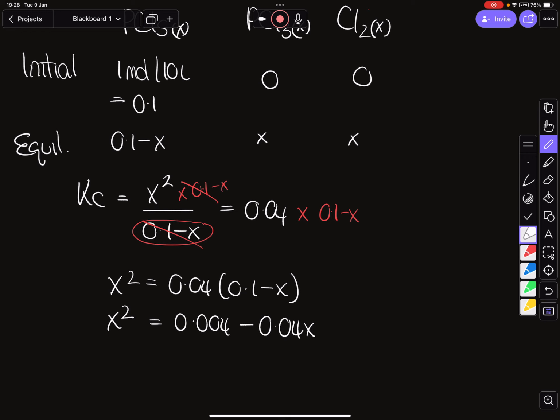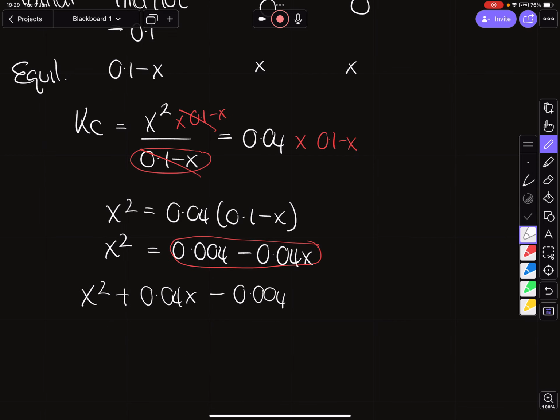So I want to remove all of this and put this on the other side of my equals line. To do that, we just make an addition and a subtraction. So now I will have x squared plus 0.04x minus 0.004, and that is equal to 0.